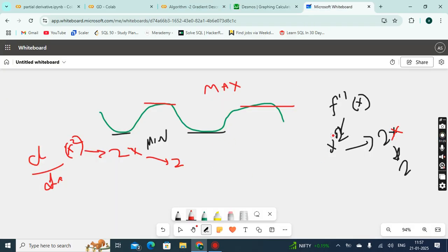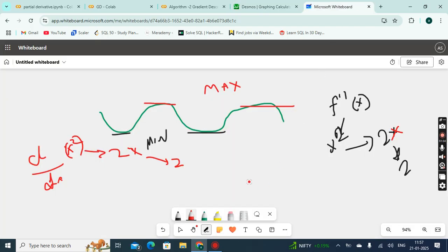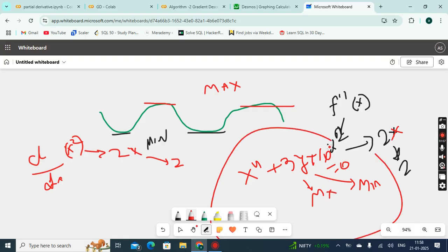So this is the minimum point of the x square graph. How do we calculate this generally? Now you know how the line looks, you got this. But if I give you a tough function, like x to the power 4 plus 3y plus 10 equals 0, and I want the maximum and the minimum point, how will you get this done?